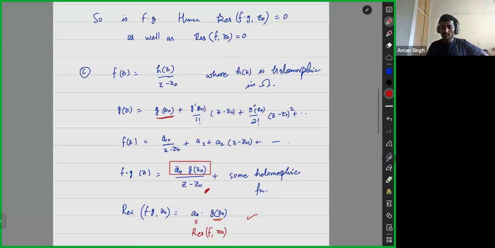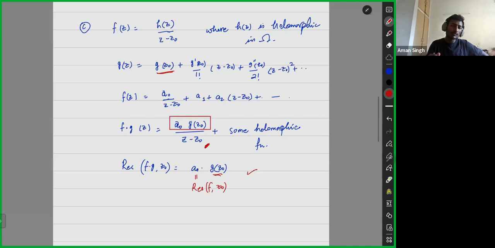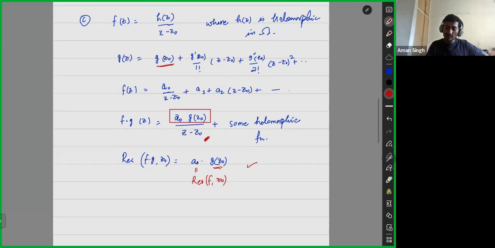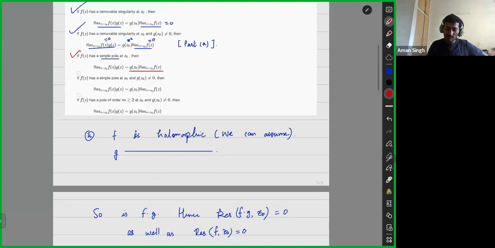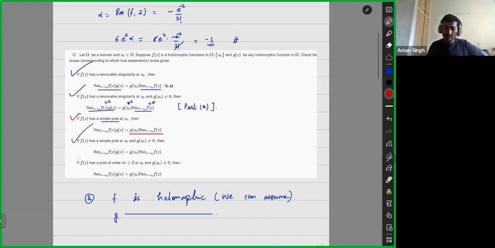Why? Because even if g(z naught) was zero, the only one negative term that will come is the product of the first terms in the power series expansion. Here, this one being zero or non-zero doesn't matter. So the fourth option is also correct.